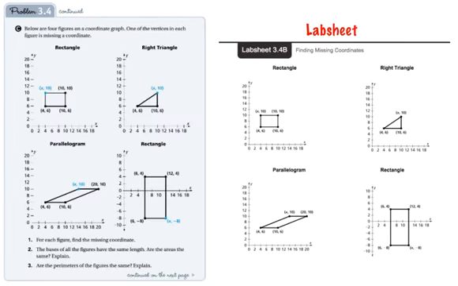All right, welcome back. We are going to skip ahead to part C. It says below are 4 figures on a coordinate graph. One of the vertices in each figure is missing a coordinate. So again, here's the page from the book. Over here's the lab sheet that you should grab from off the back table. You can see that there is a vertex missing in these.